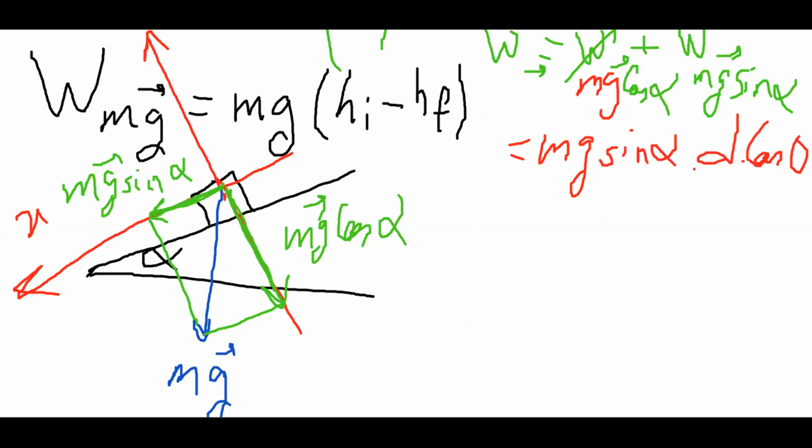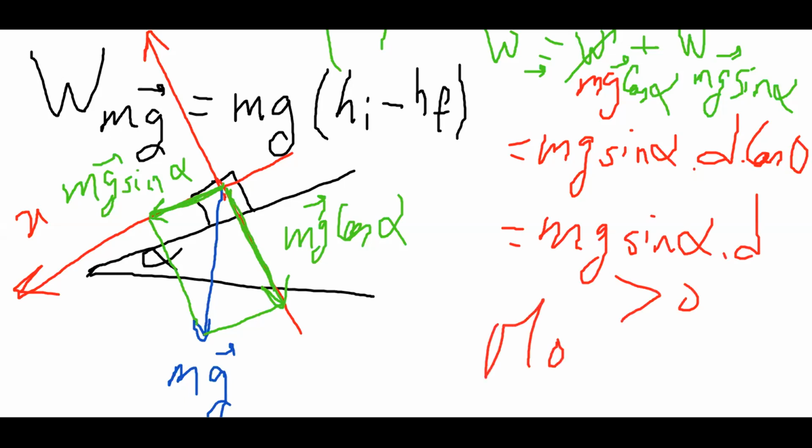Because in downward motion, the angle between mg sine alpha and the displacement is 0, parallel to each other and of the same sense. So work done by mg equals mg sine alpha times d, greater than 0, motive work. So always for an object moving down an inclined plane, I say down an inclined plane, the work is always motive, equal to mg sine alpha times distance d.